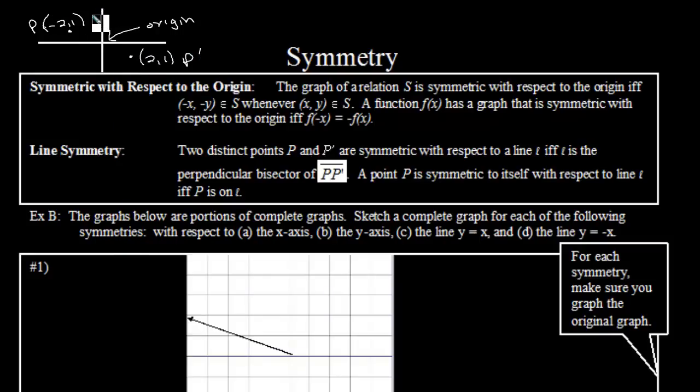At another point, such as, I don't know, -5, -2, and let's say that was Q. Q prime, I just change the signs, so it'd be +5, +2. I go to the right 5 and up 2.